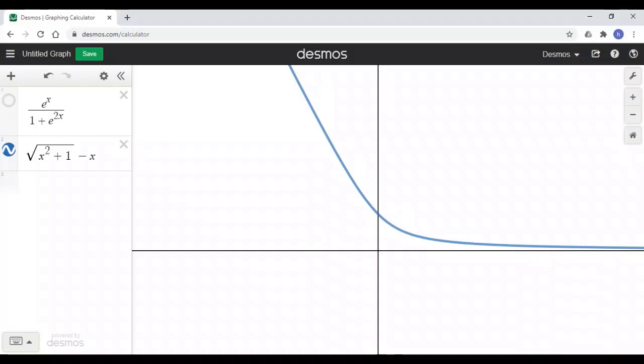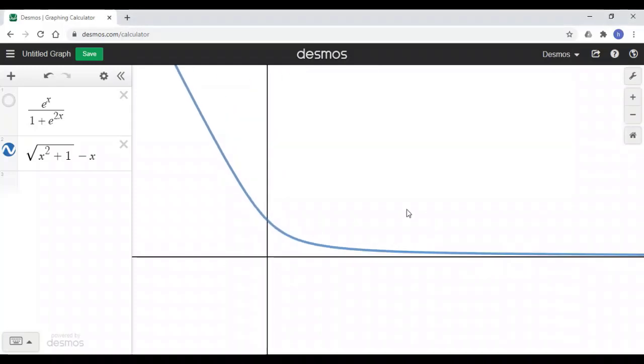Notice right now graphically, before I turn the graph away, if we're letting x approach positive infinity, then this function becomes horizontally asymptotic. Let me drag it back here.